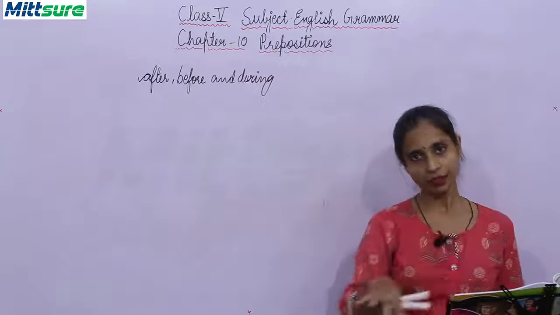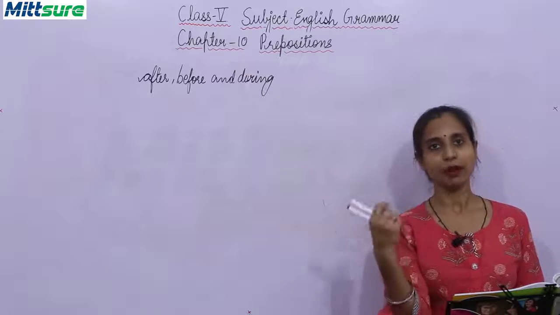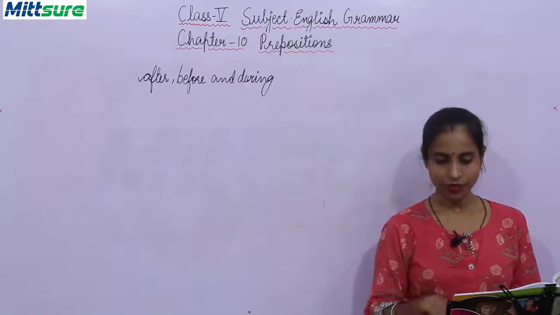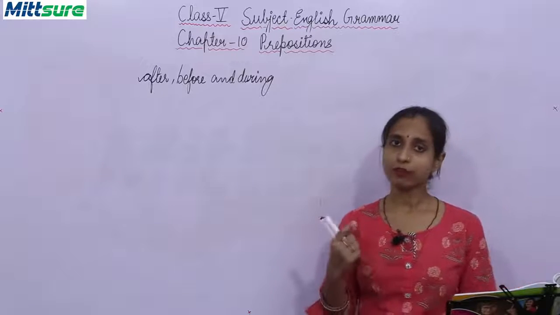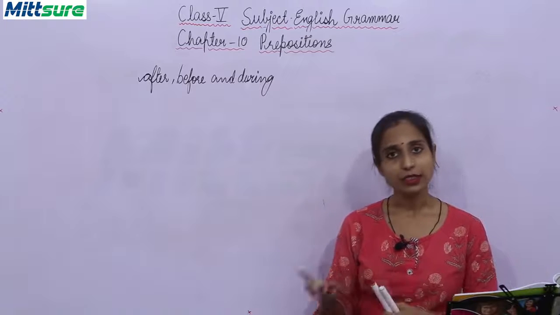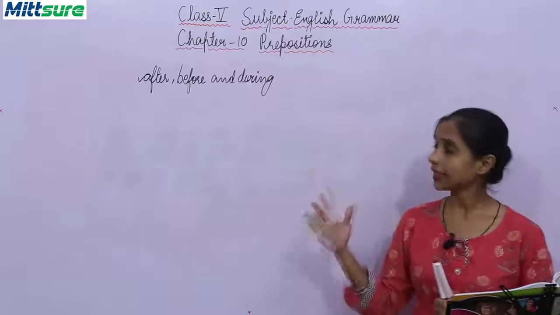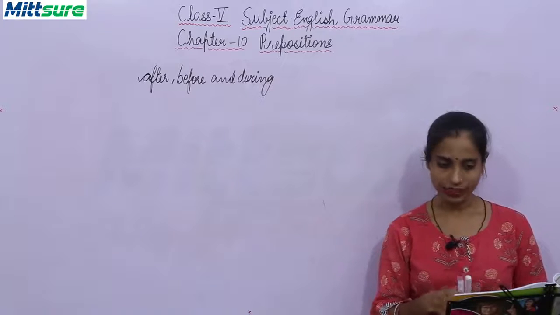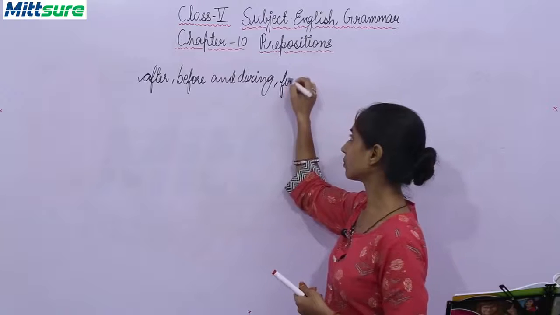So, when something was happening during that time period, my phone rang. We studied English for an hour. That means since an hour we are studying English. So, these are used for time periods, after, before, for, like that.